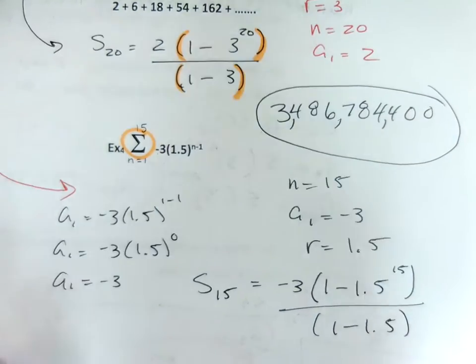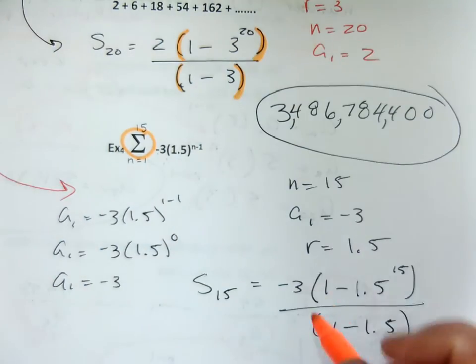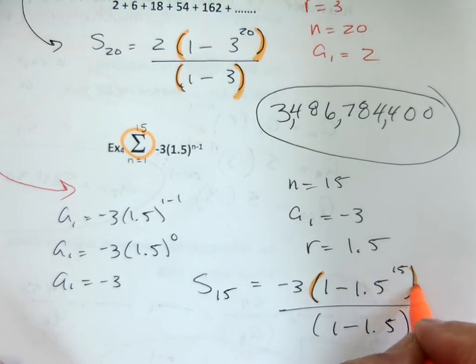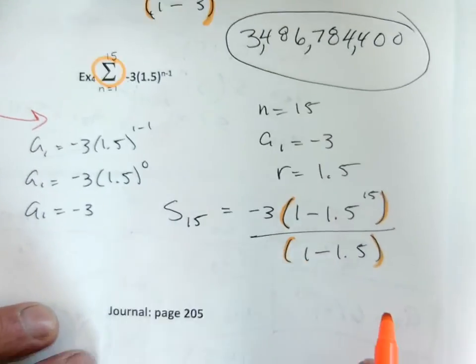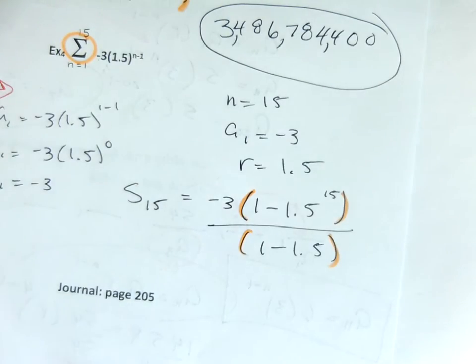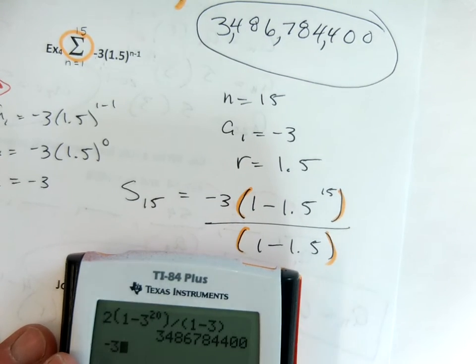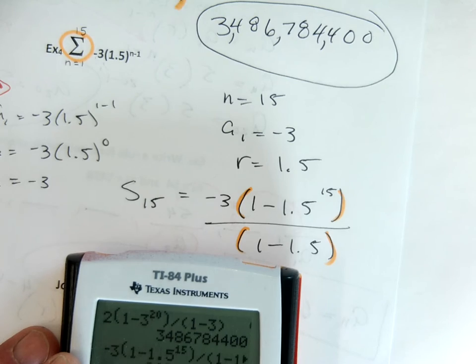Okay, again, when you use your calculator, be very careful to make sure you use parentheses. Okay, so we've got negative 3 times 1 minus 1.5 to the power of 15, parentheses, divided by 1 minus 1.5, and let's see what I get.